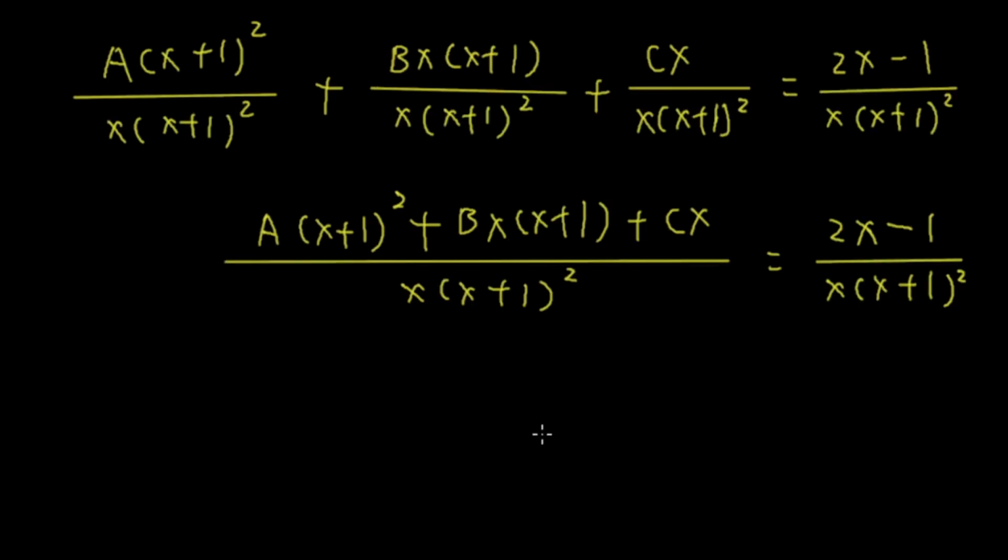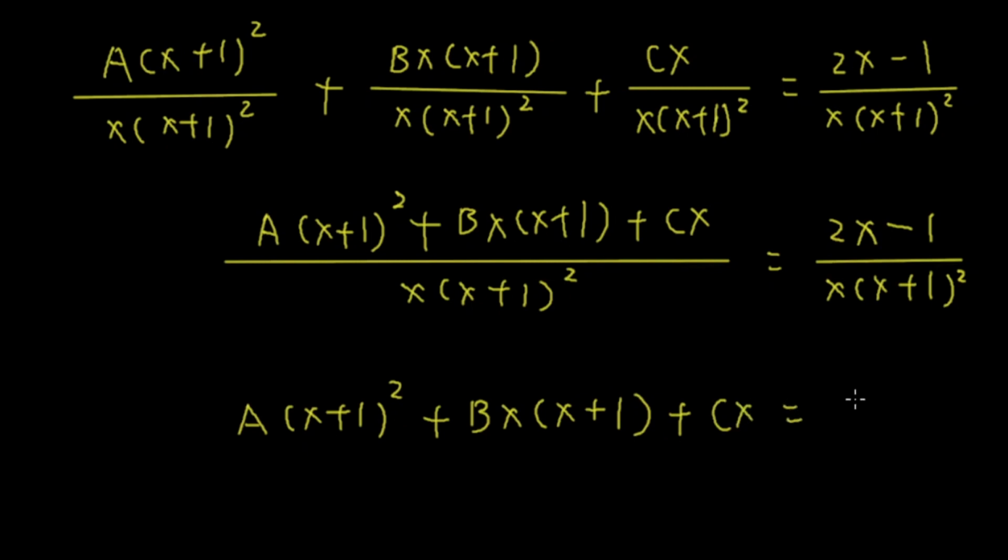Okay, now, since the denominator on the left side is the same as the denominator on the right side, that means the numerator on the left side equals the numerator on the right side. So we can write that A times x plus 1 all squared plus B times x plus 1 plus Cx equals 2x minus 1.